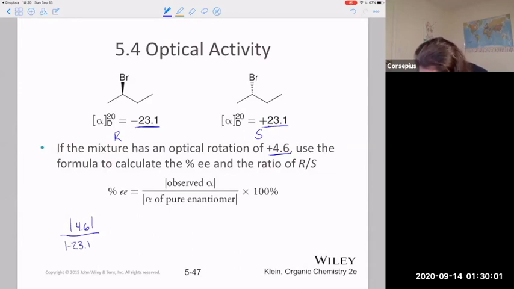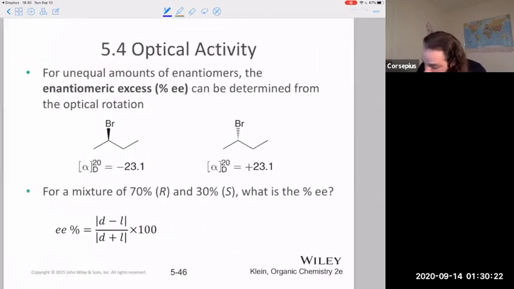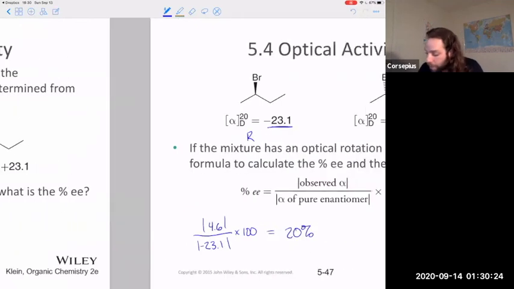We can choose negative 23.1 if we want, but because it's going to take the absolute value, make it positive. So this gives you like 19.9, we're going to call it 20. An enantiomeric excess of 20%.